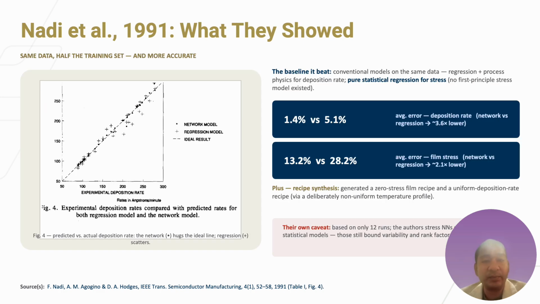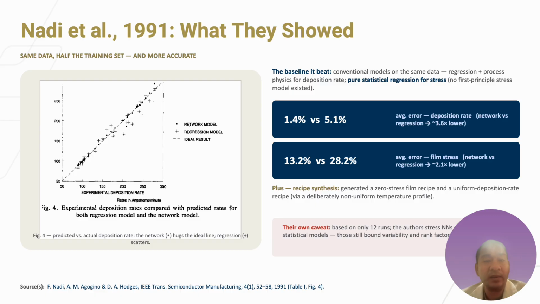And here is what they proved. The comparison was against the standard method of the day, which built models by statistical curve fitting. On predicting deposition rate, their approach had about 1.5% average error versus 5.1% for the standard method, roughly 3.5 times more accurate.